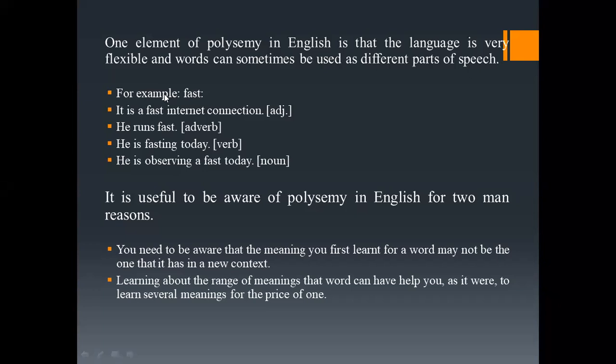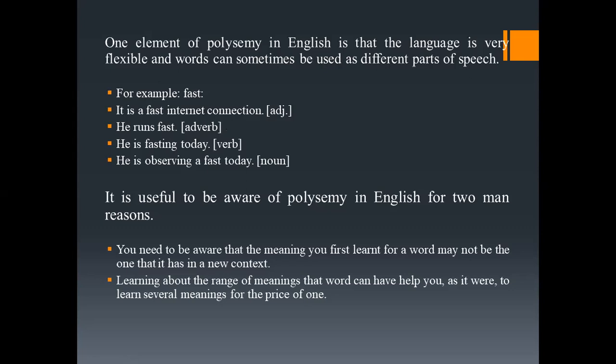So you can see over here in the first sentence, fast is used as an adjective. In the second sentence, fast is used as an adverb. In the third sentence, fast is used as a verb. In the fourth sentence, fast is used as a noun. So you can see one word has not only many meanings, but also many functions.